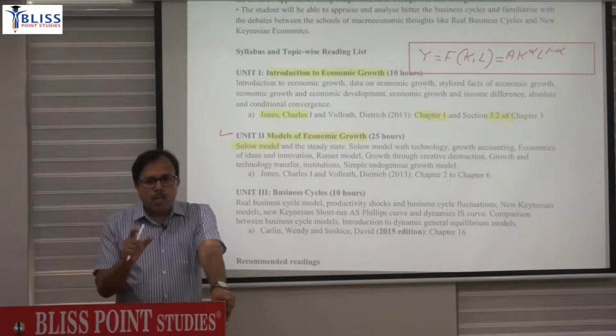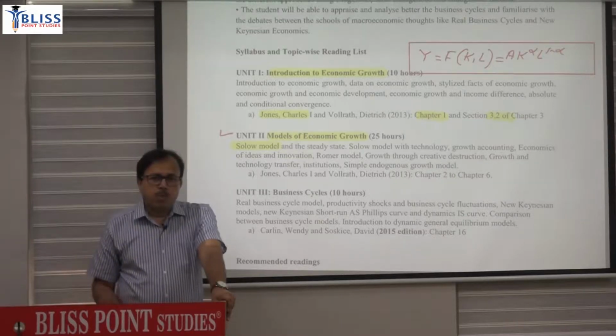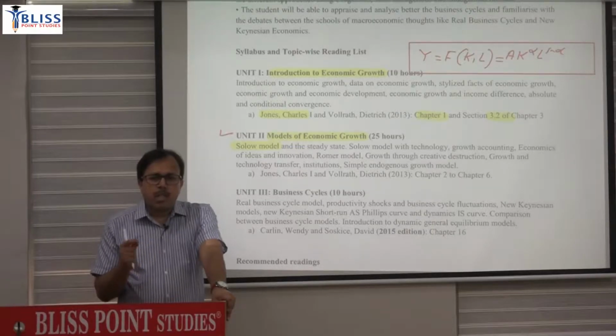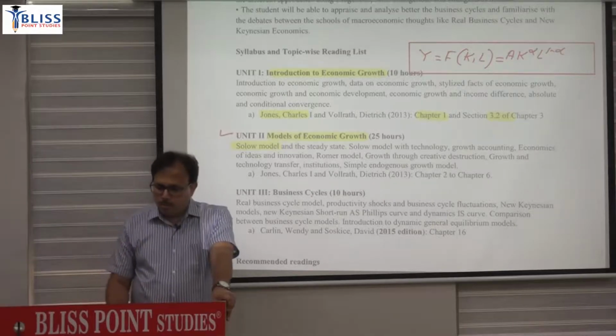So that idea has to be elaborated here. You have to find the steady state, then what is the meaning of golden rule steady state, convergence, unconditional convergence, what is growth effect, what is level effect. So there are various subtopics within the Solow model.